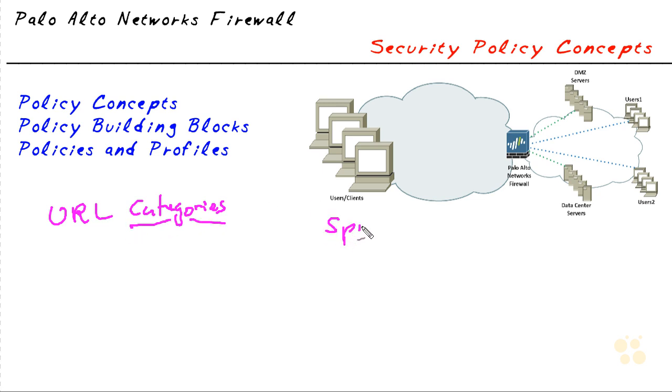They could be things like sporting, or some obvious ones like porn. Don't want to have that in the workplace. You could have things like health, gambling. There's tons of categories in there, and those are all going to be defined for you.